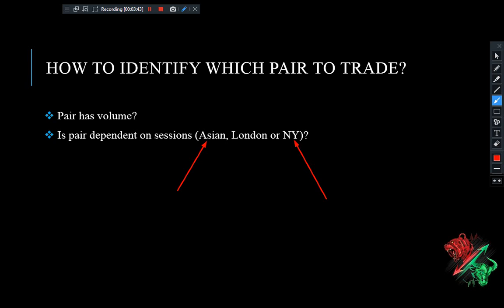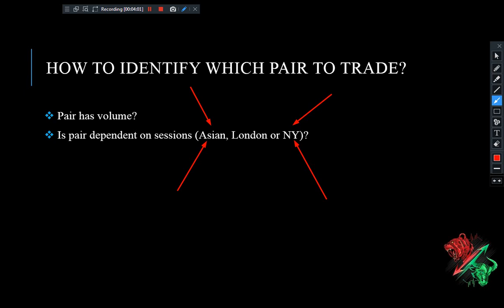Both currencies follow or open in specific sessions, one in Asian and one in New York, and both are good currencies which people used to trade.